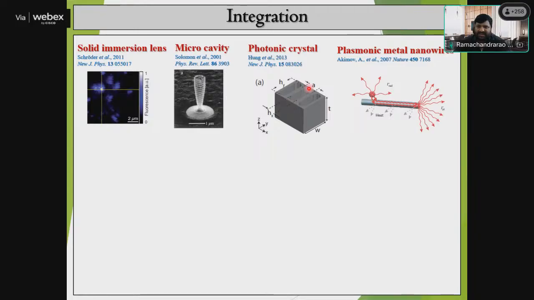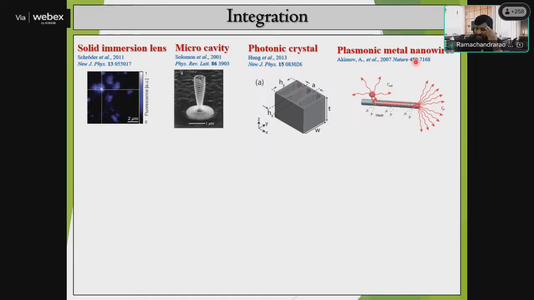When you have a single quantum emitter inside, you can get the emission out of the photonic crystal. And this work is a plasmonic metal nanowire. If you have a single quantum dot or single quantum emitter sitting on the nanowire, you are expected to see a single surface plasmon, which is quantum plasmonics. This has been done at Harvard University in Professor Mikhail Lukin's group.